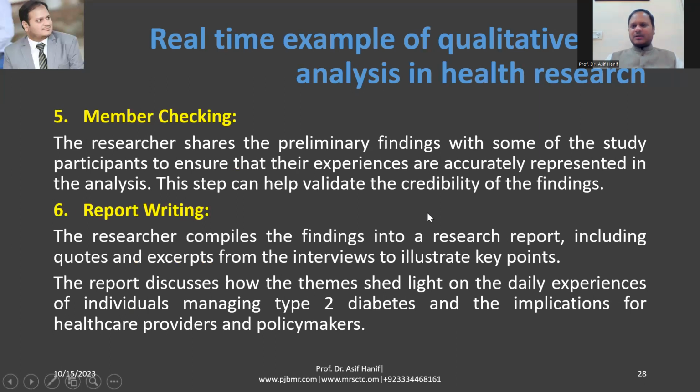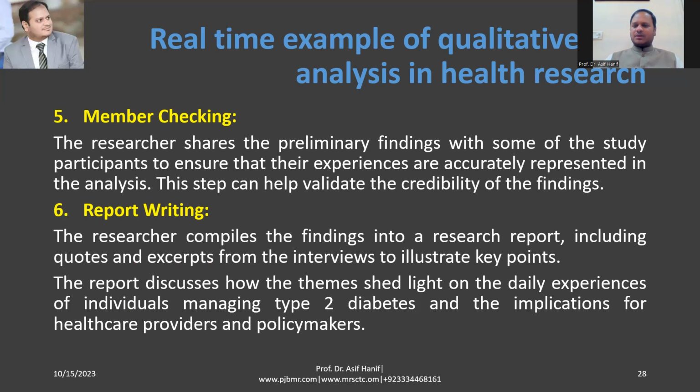Then member checking. Member checking means you share the themes, codes, and content with the people, to see whether we perceived their text well or not. The researcher shares the preliminary findings with some of the study participants to ensure that their experiences are accurately represented in the analysis. This step can help validate the credibility of the findings.